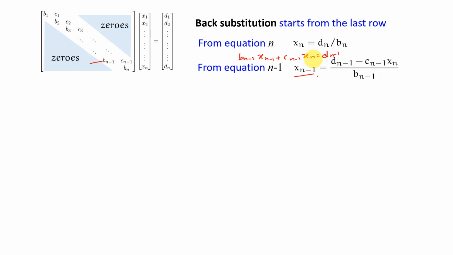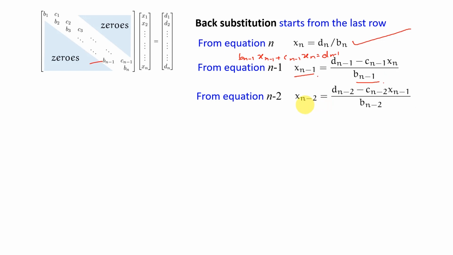Since xn is already calculated, I can use this equation to calculate xn minus 1. So xn minus 1 will be dn minus 1 minus cn minus 1 xn, divided by bn minus 1. Similarly, for n minus 2, xn minus 2 is dn minus 2 minus cn minus 2 xn minus 1, which I have calculated before, divided by bn minus 2.